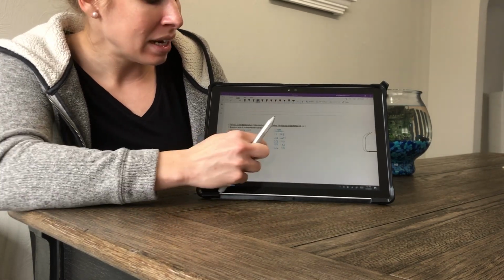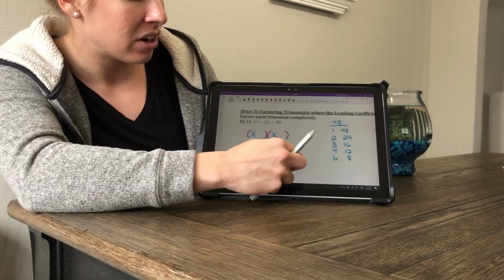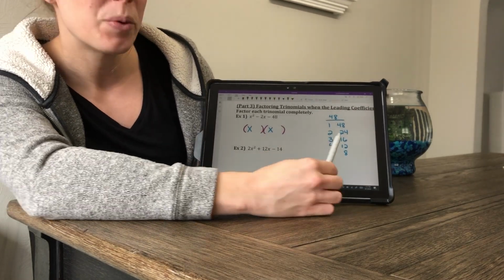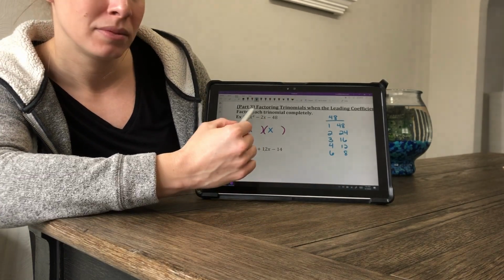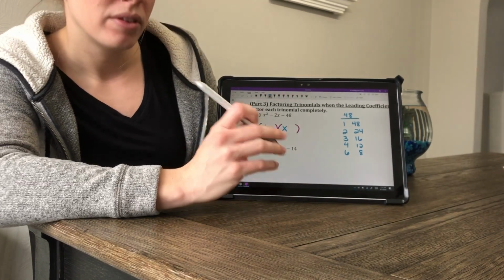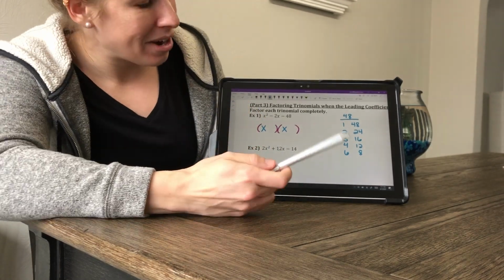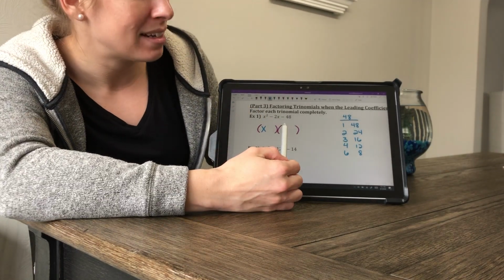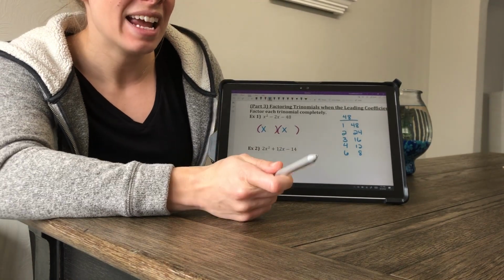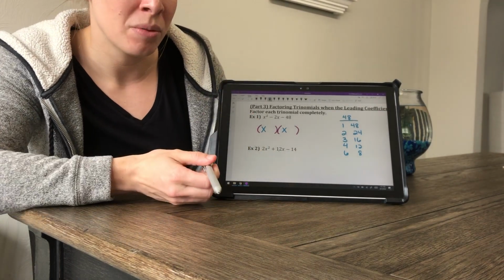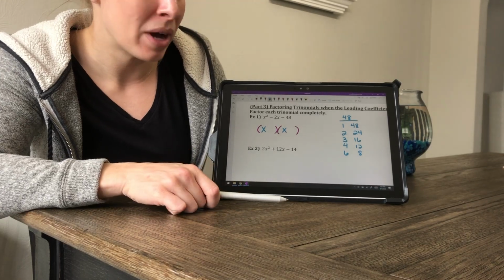So we need to find the two numbers over here in our list of factors that when we combine them, we get that middle term, okay? So another twist to the story is that it's a negative 48. So if you're multiplying two numbers together and getting a negative, only one of your numbers is negative and the other one must be positive.